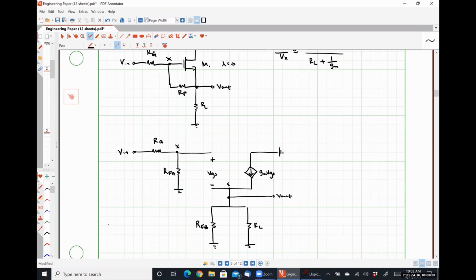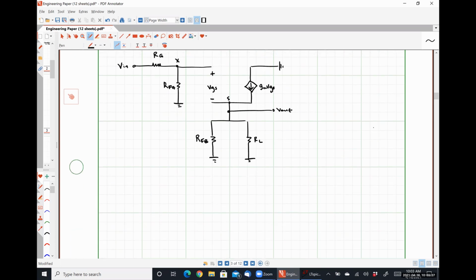It should be fairly straightforward to see what our output voltage is going to be on this guy again. So somebody tell me what that is. gm VGS times RFB in parallel with RL.